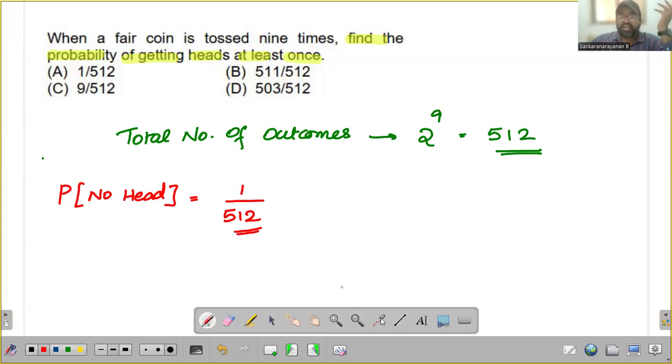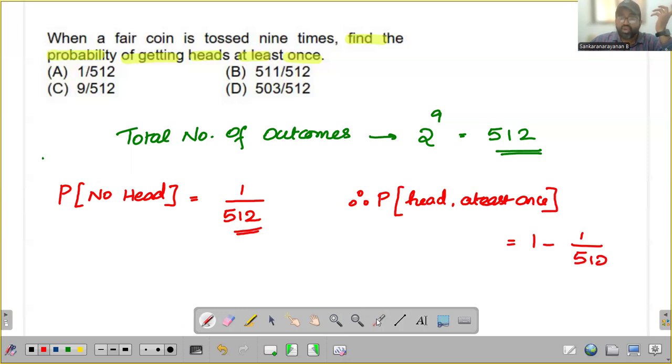Now read the question carefully. They are asking you, what is the probability that you are going to get heads at least once? It's not that you are never going to get heads at all. It should be coming at least once. So what is the required probability? Therefore, the probability that head comes at least once will be nothing but 1 minus 1 by 512.